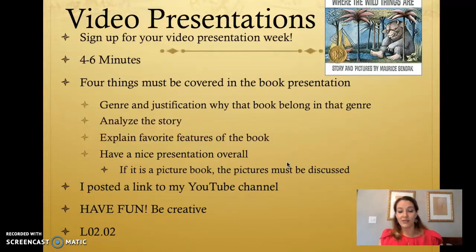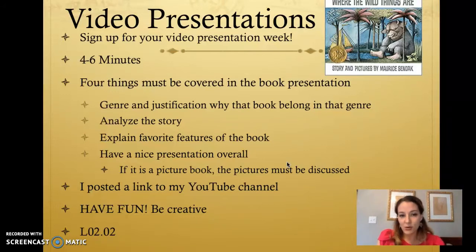The 4 things you have to cover in the book presentation are genre and justification why that belongs in a genre. Now, a genre in general is a category that books are placed into, and that's forever what it's going to be. They always have a genre. Now, all of these books' genre will be first children's book, but then we're dividing it up into a more specific genre.